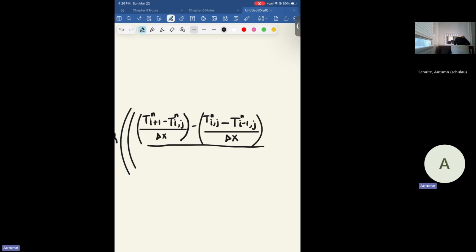And this is all going to be divided by a delta x because remember, we're working with the second derivative.